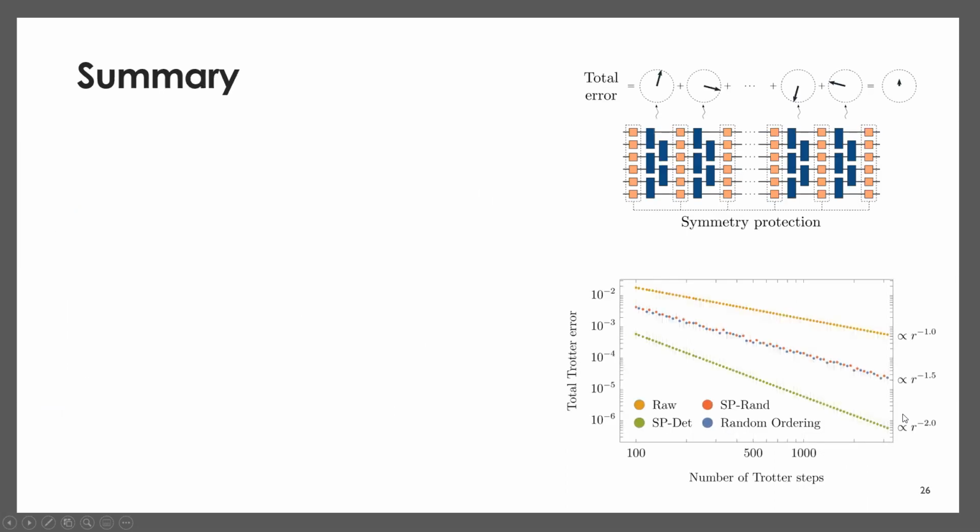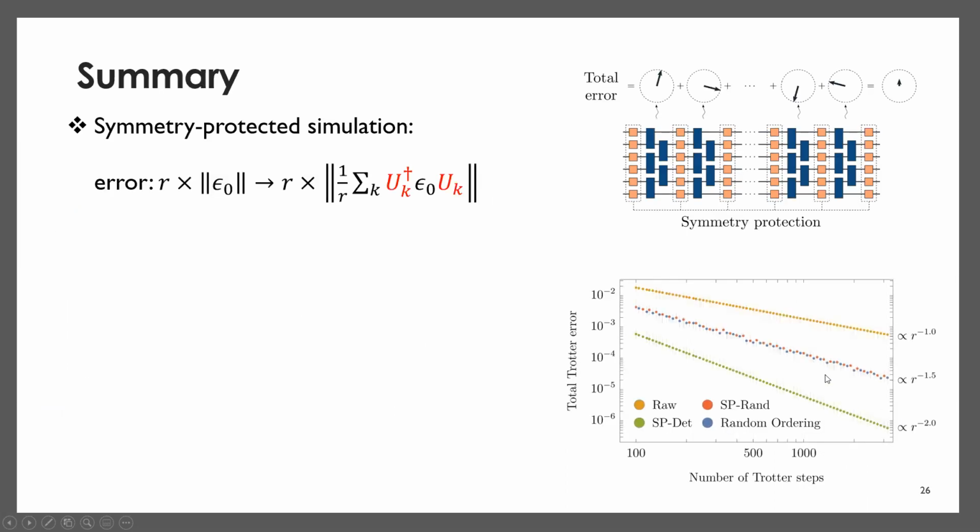In summary, we propose a scheme to protect digital quantum simulation against symmetry violation. In this symmetry protected simulation, the error of the simulation is replaced by an average version under the symmetry transformation.